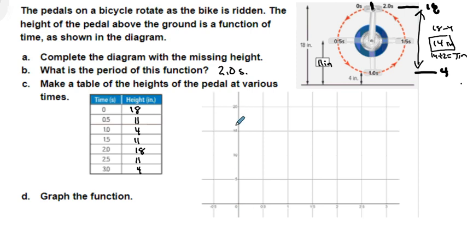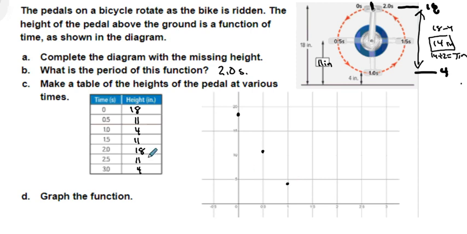At 0, we're at 18, so that's going to put us about here. At 0.5, we're at 11, so that's going to put us about right here. At 1 second, we're at 4, so it puts us here.